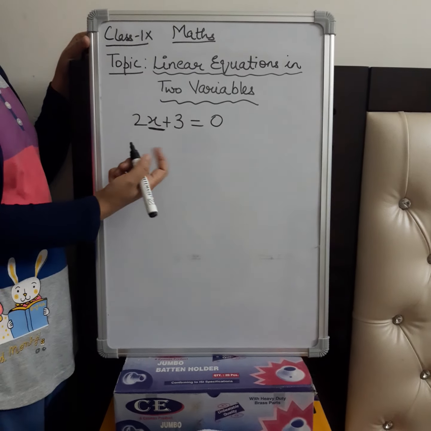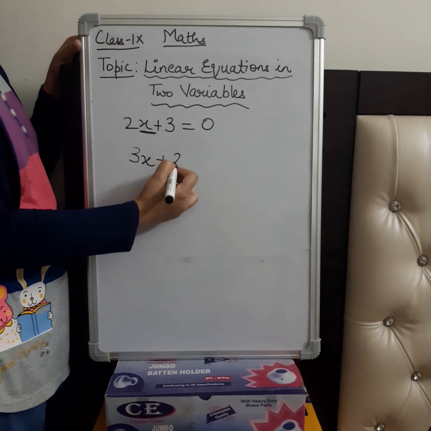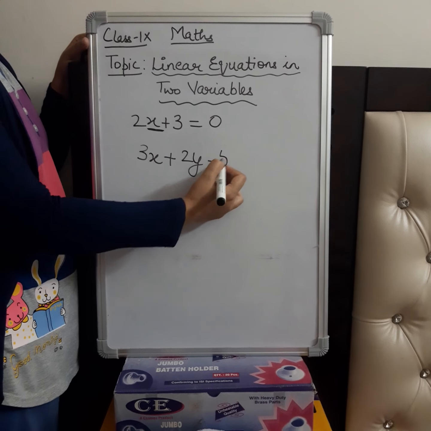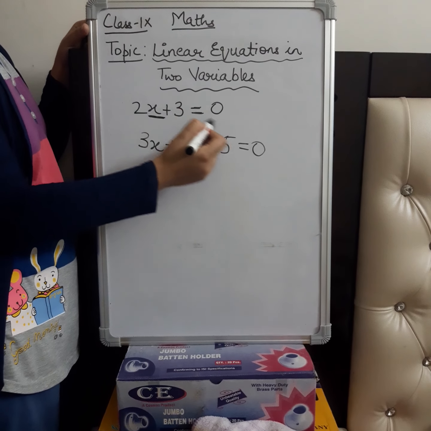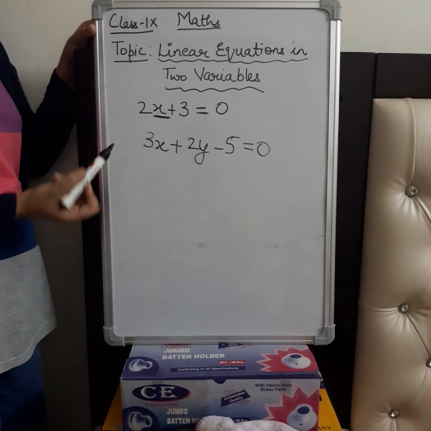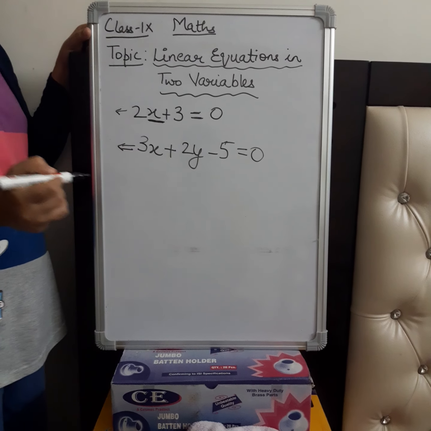If I want to write a linear equation in two variables, let us write 3x plus 2y minus 5 is equal to 0. When I put the equal sign, that becomes an equation. So this is in one variable and this is in two variables.